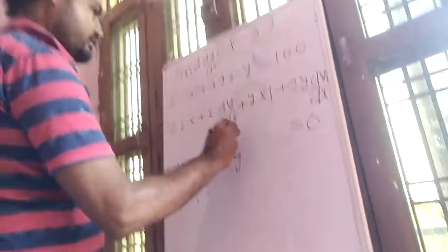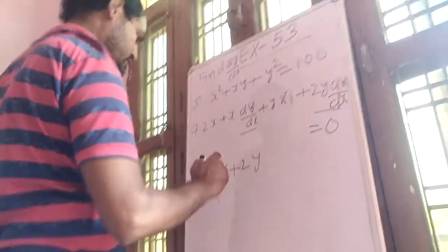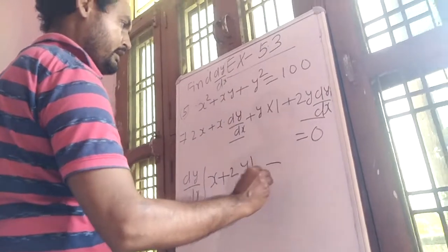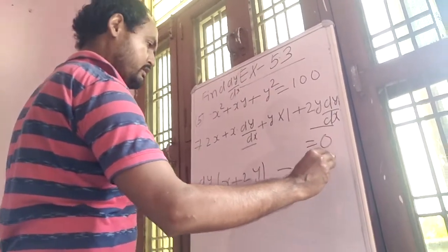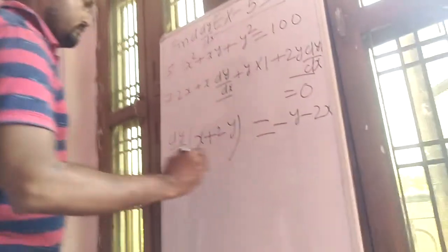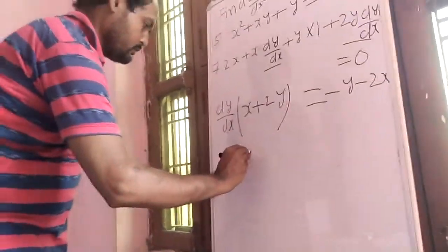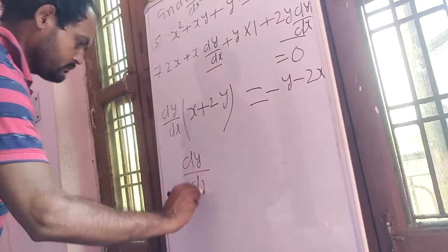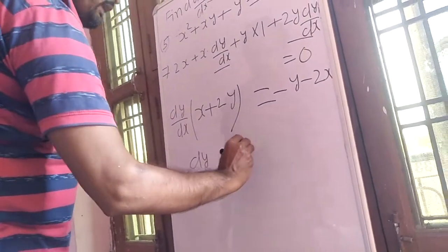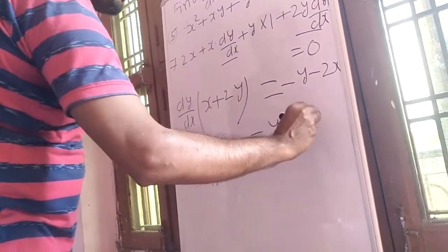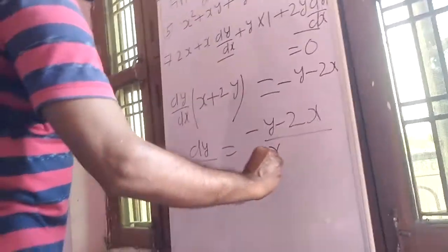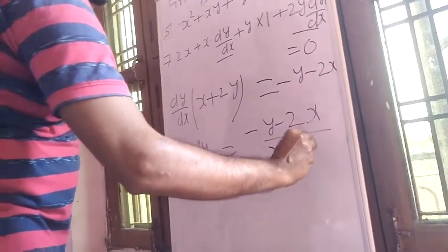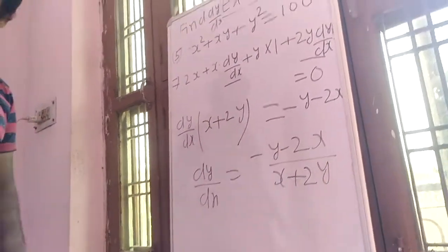Here is x plus 2y. Only we have two terms, this is dy by dx, this is dy by dx. This is plus y, this is minus y, and here minus 2x. So dy by dx equals minus y minus 2x upon x plus 2y. It is complete.